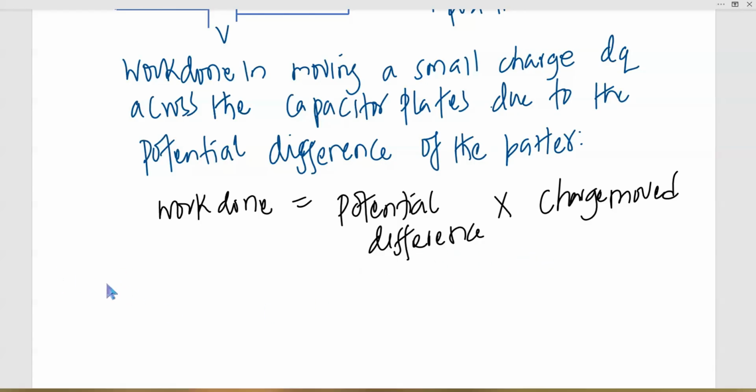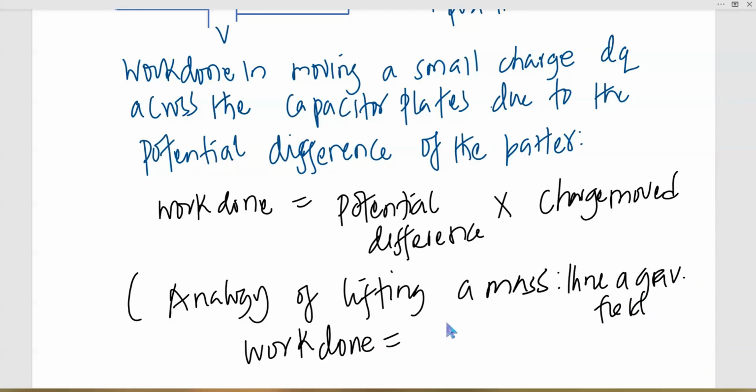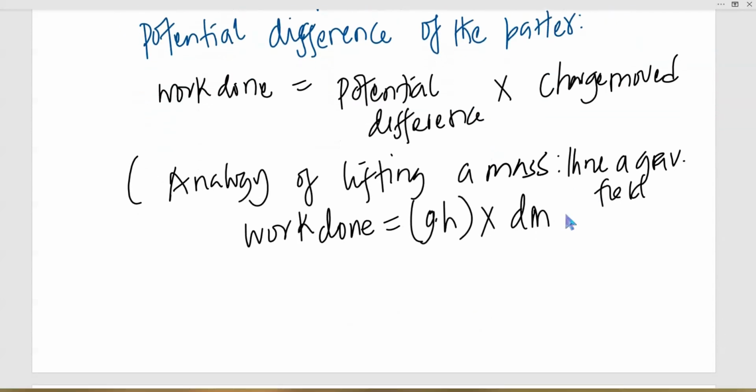So the work done through a gravitational field would be g times h, multiplied by the small mass dm.